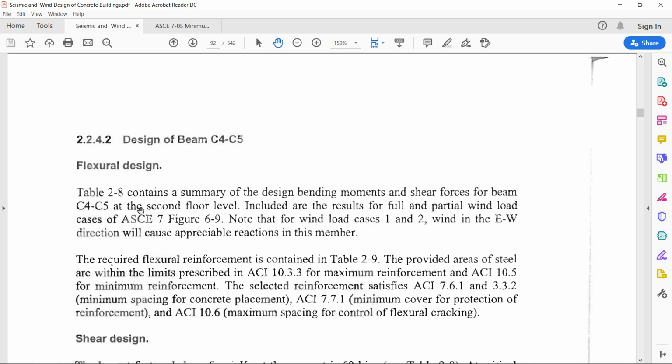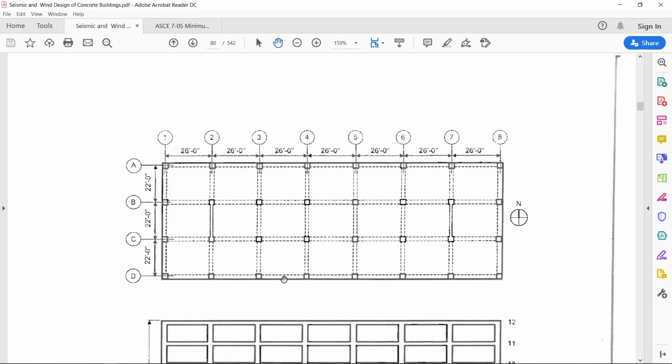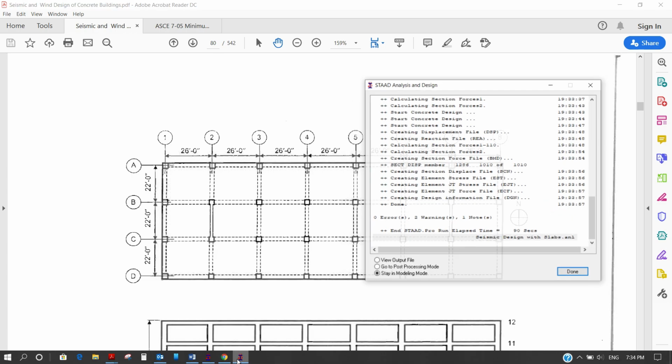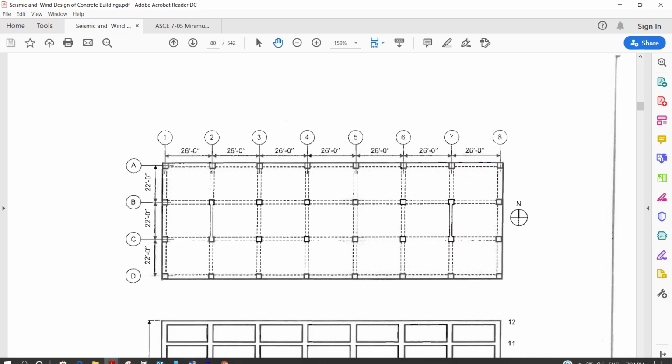Okay, so let us see what is meant by C4 C5 beam and second floor level. Let's go back to the model. C4 C5, that means we are talking about the mid beam at second floor. Okay, let's see, run is complete.